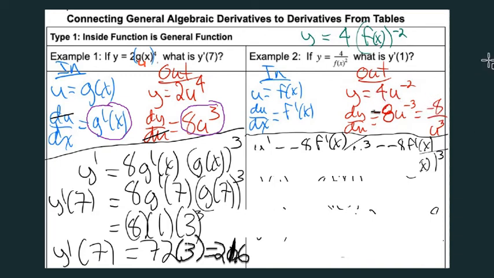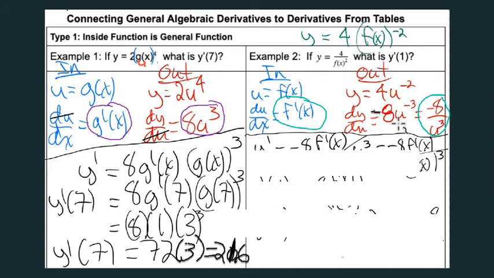So if I'm going to do the chain rule, I need to multiply this derivative by this derivative. So again, -8 over u cubed multiplied by f prime at x. Well, that's going to be -8 multiplied by f prime at x divided by u cubed. But what's u worth?